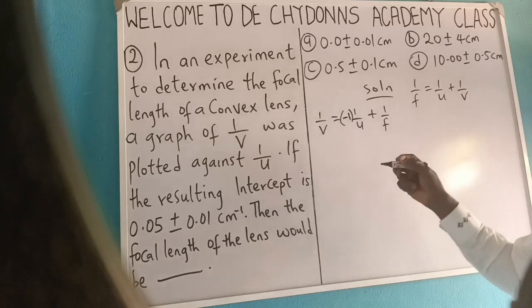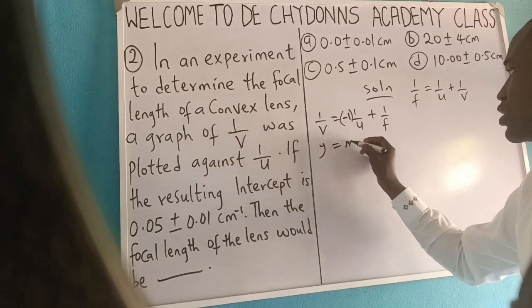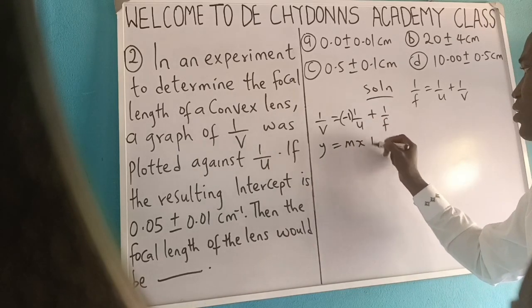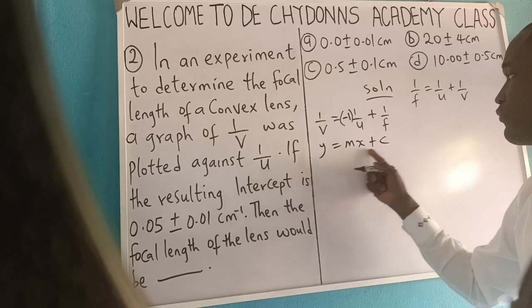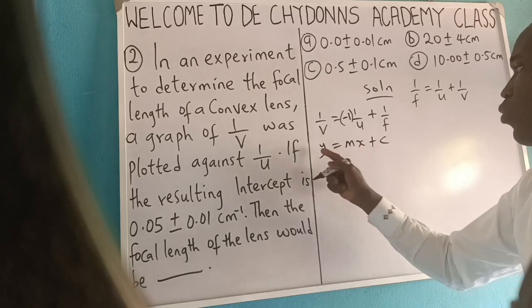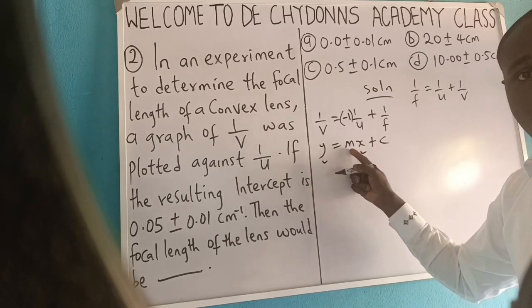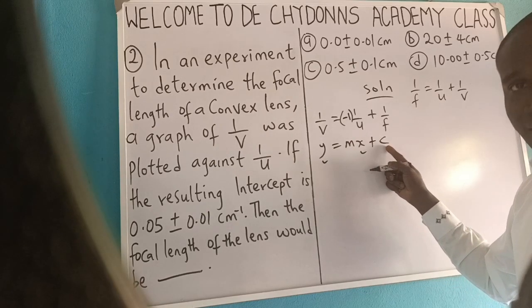Now, this means that when you plot a graph of this against this, what did I write? This is a straight line equation formula. When you plot a graph of y against x, m becomes the slope, c becomes the intercept on the vertical axis.